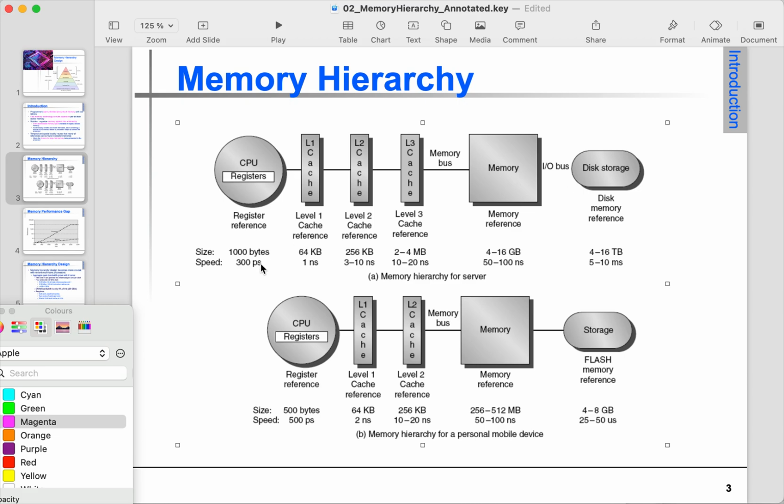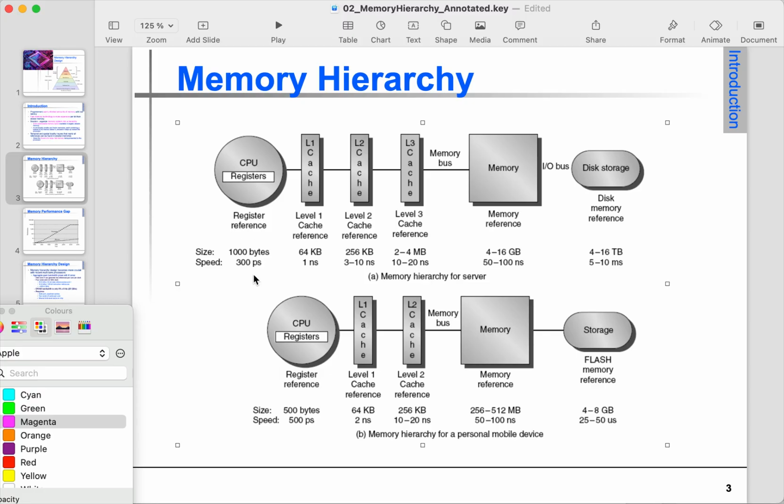You can see the example sizes here underneath of each of those memories, and we can see how their size changes as we go up and down the hierarchy. As we go up and down the hierarchy, we notice the size and the speed changes, as well as the cost.